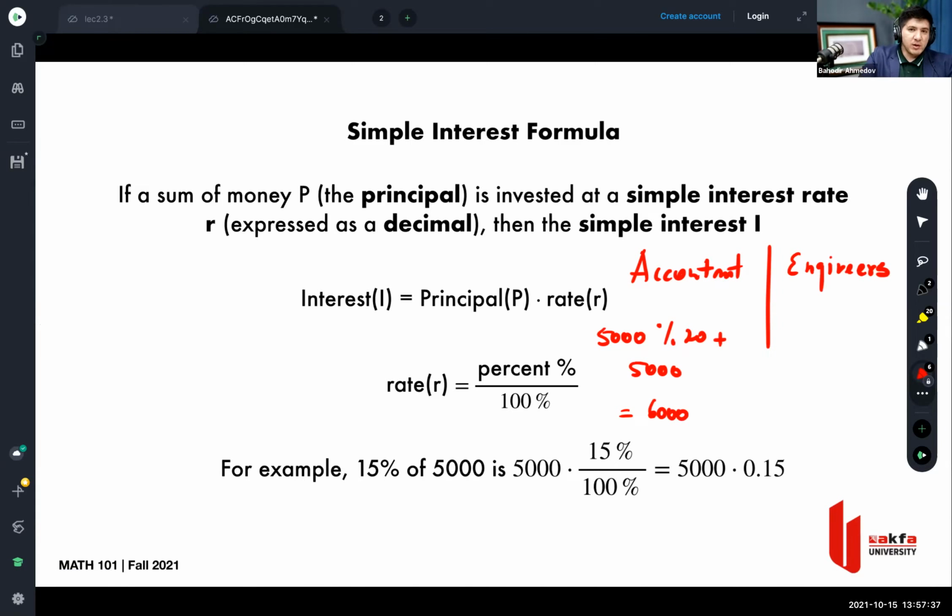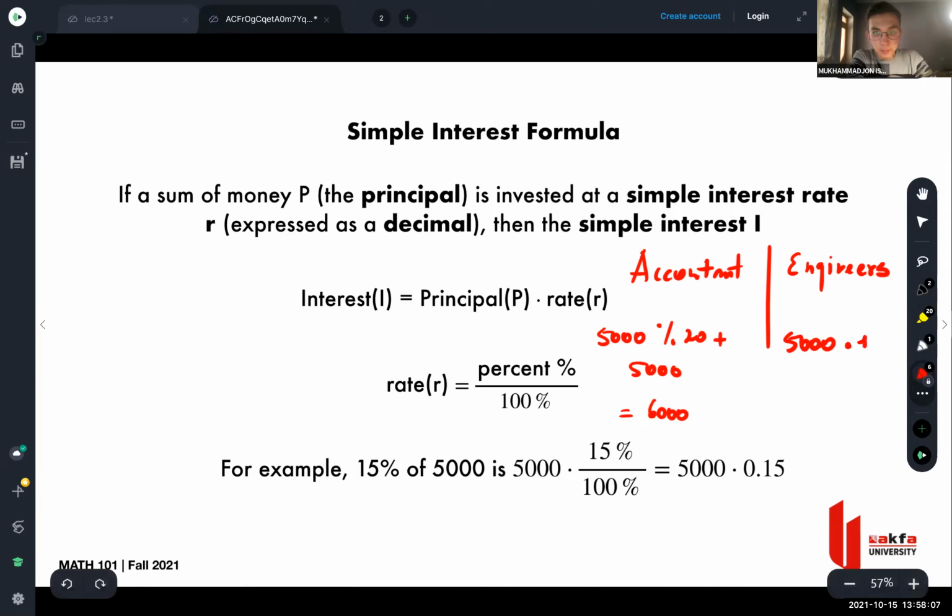Okay, so what do you think the engineer would do in this situation? How would an engineer calculate 5,000 plus 20%? If I ask you, could you please tell me what is 20% plus the 5,000, how would you calculate this?